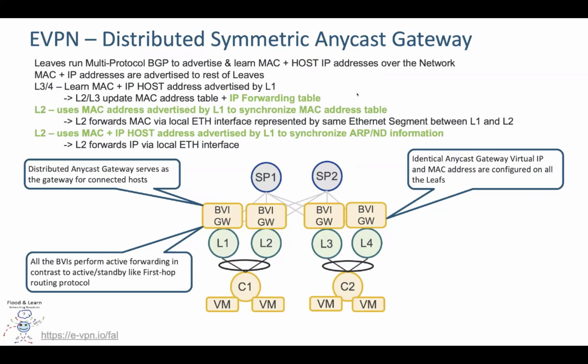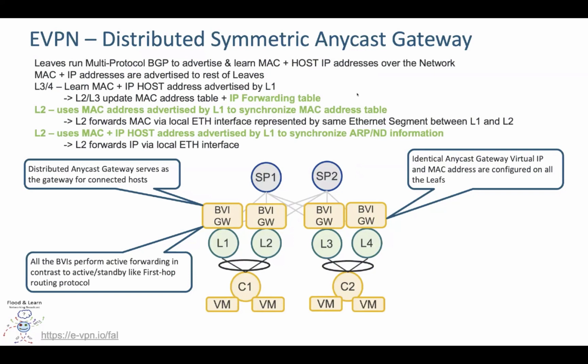Imagine that right now I have one orange segment, and the default gateway needs to be on all four devices. I will configure the Anycast BVI, which means I will configure the IP address inside the bridge domain, which will be the same everywhere, and I will also configure the same MAC address for this interface everywhere.